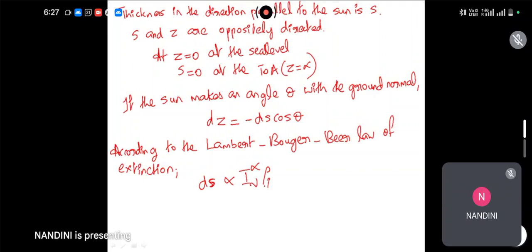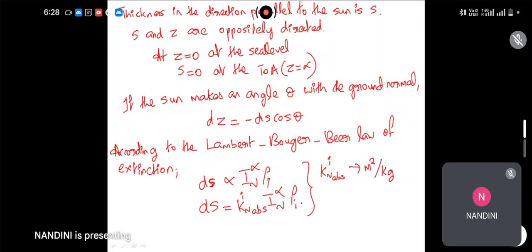If we introduce a proportionality constant, it will be dA is equal to k nu absorption I into I nu infinity into rho I. This is basically what the equation states. The proportionality constant k nu absorption I has a unit of meter square per kg, and it depends on the frequency of the incident radiation.